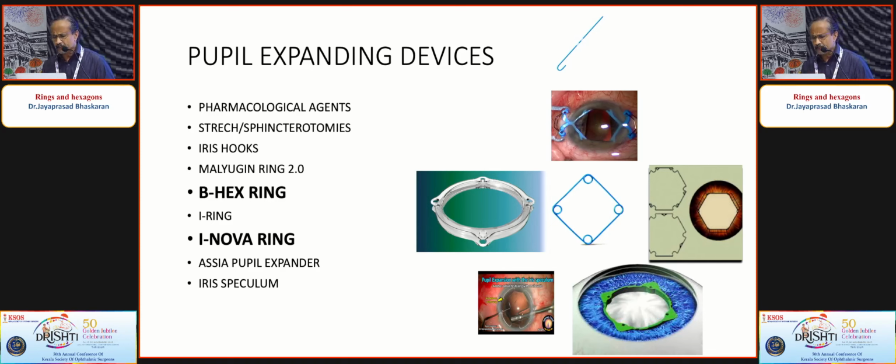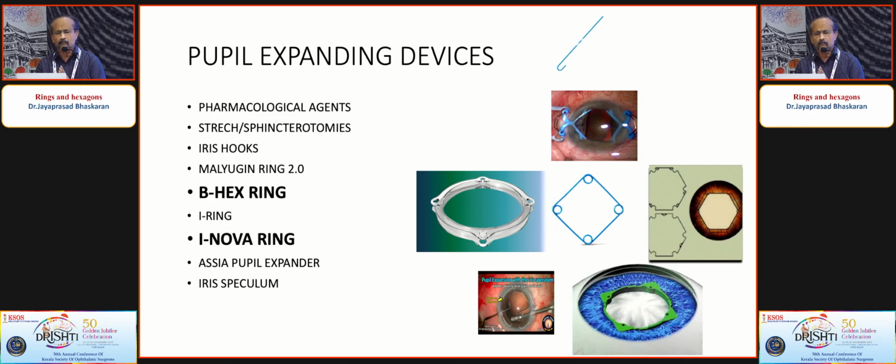There are a variety of pupil expanding devices other than iris hooks, which I have used quite a lot. The Malyugin ring, Dr. Malyugin incidentally is a friend of Dr. Sinimol, and she always tells me to talk about Malyugin, but 10 years back I bought it at 6,000 rupees a piece and used it on about 4 or 5 patients. In my hands at least I feel it is really traumatic.